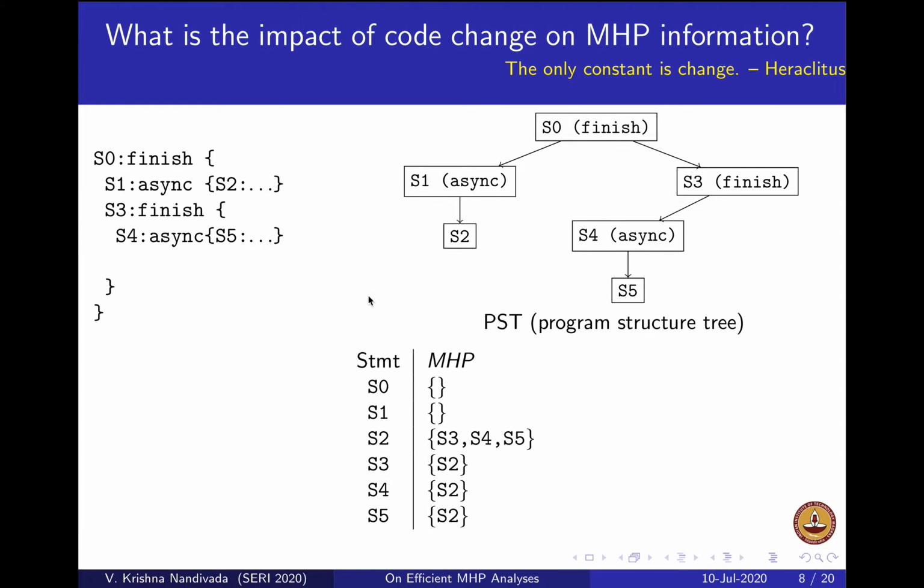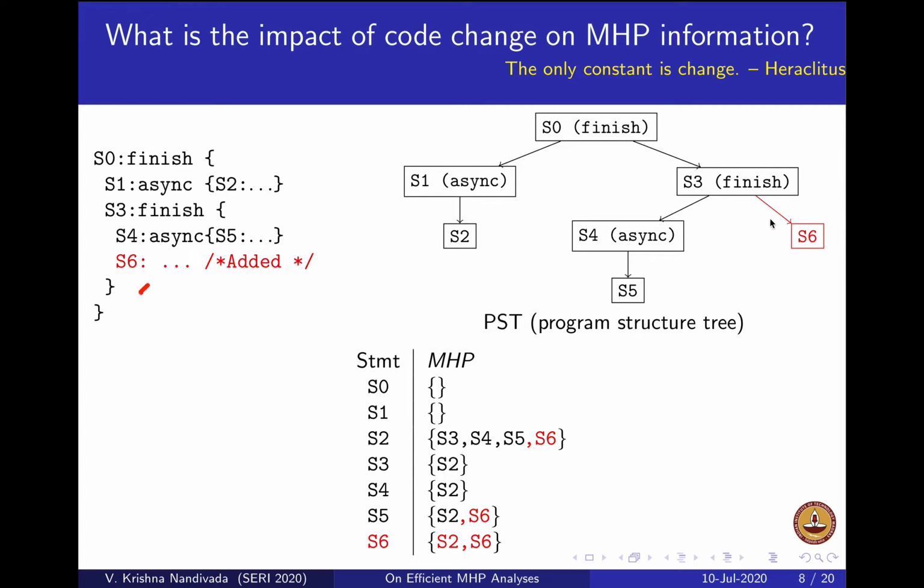What is the MHP information here? S0 runs in parallel with none, nor does S1. S2 may run in parallel with S3, S4, S5, and S3 may run in parallel with S2 and so on. Let us make some small change in the code. Say I added S6.